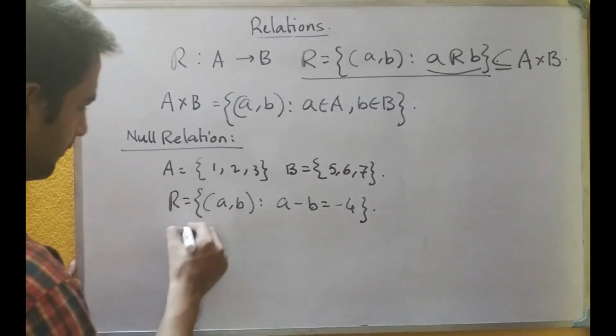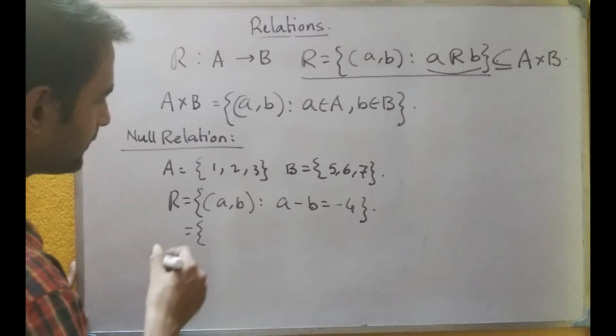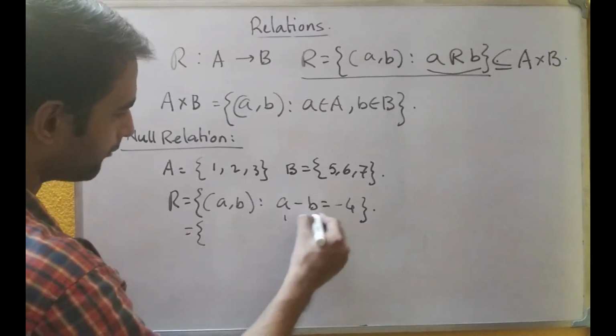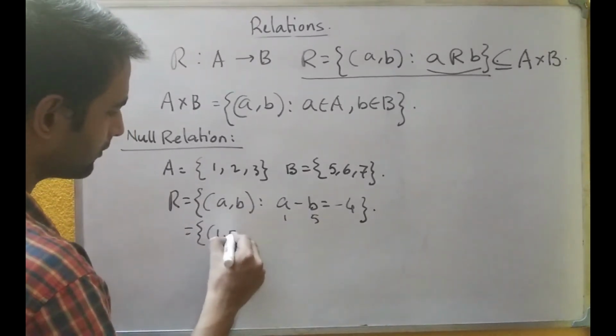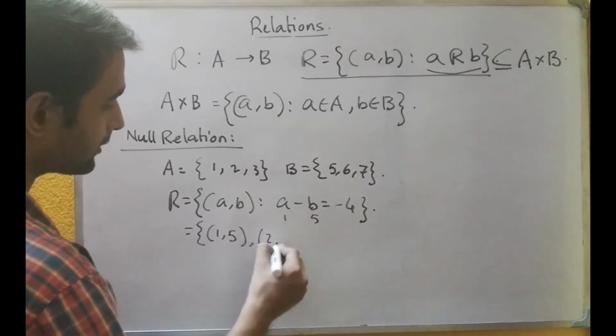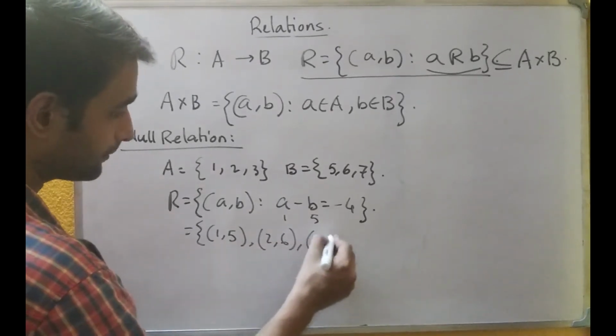Then we can link the elements like this. We can take (1, 5) here, then (2, 6), then (3, 7).